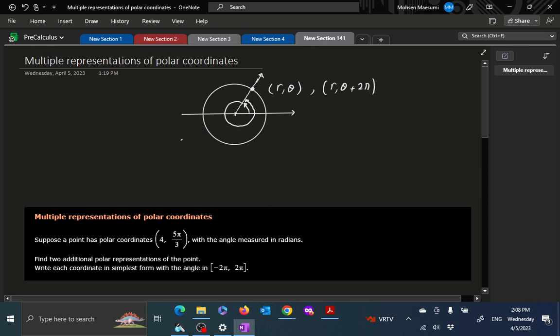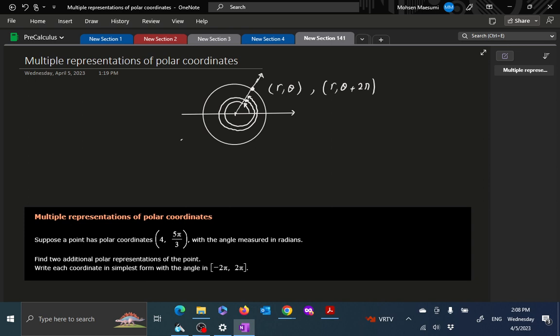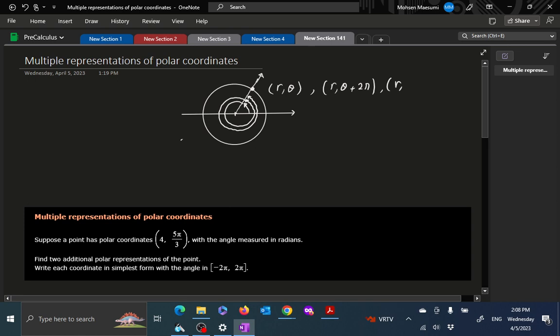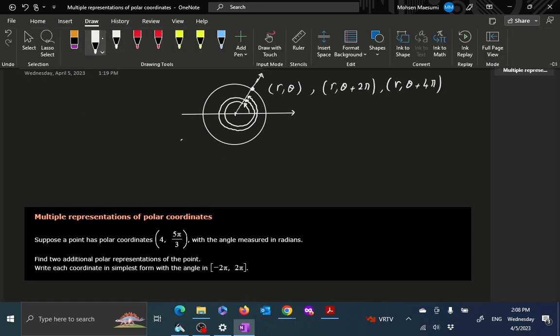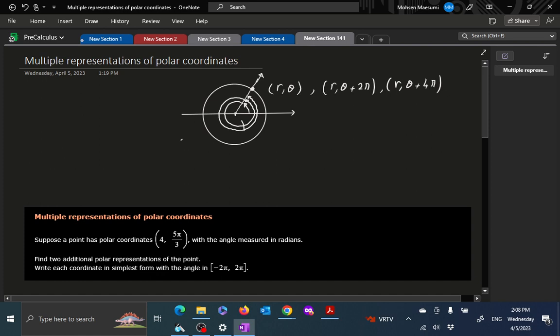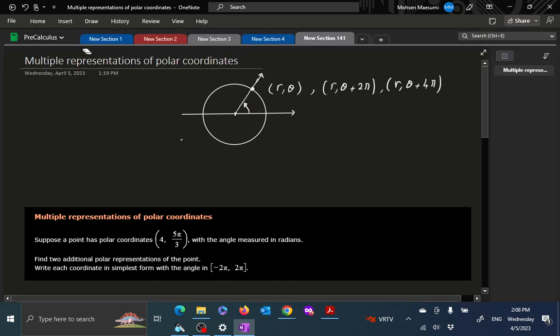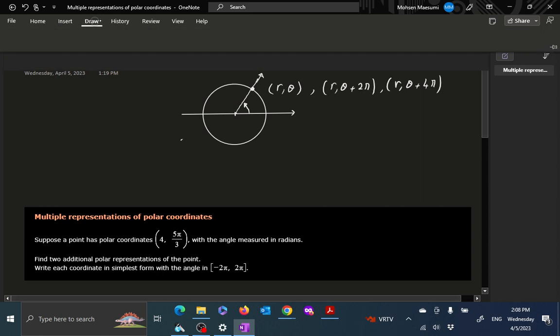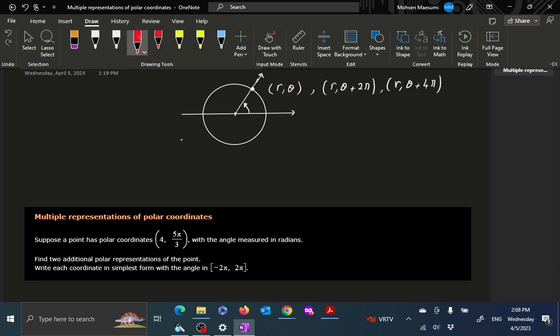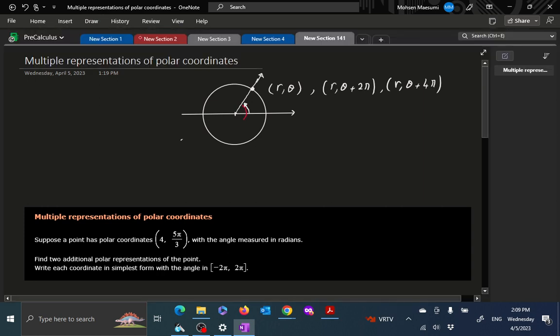I can repeat this again, go around the circle, come back, and now I have gone through r and theta plus 4 pi. I can go in the other direction as well. So imagine that I go in this direction and come back.